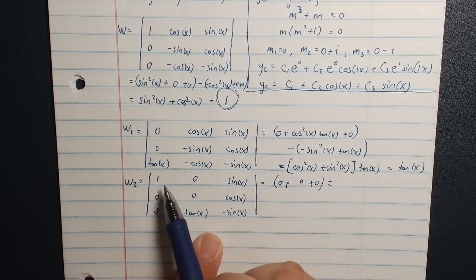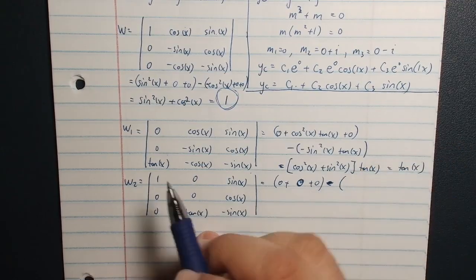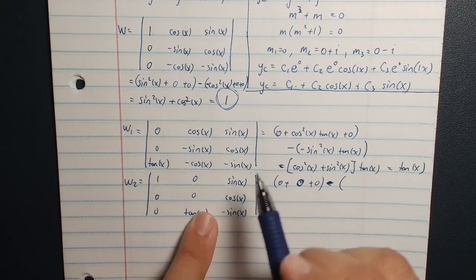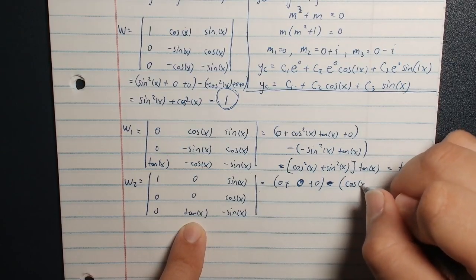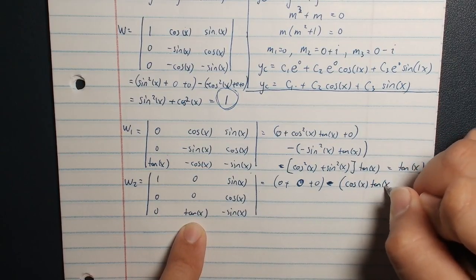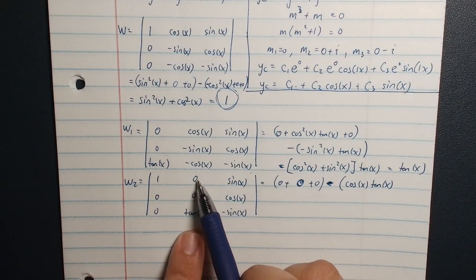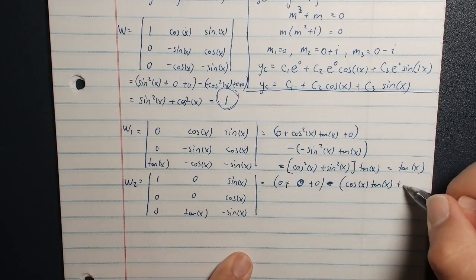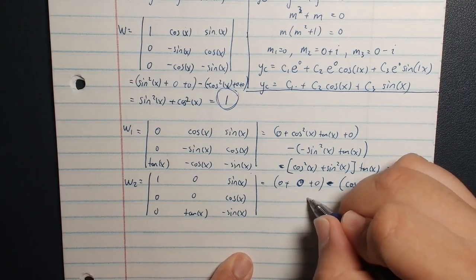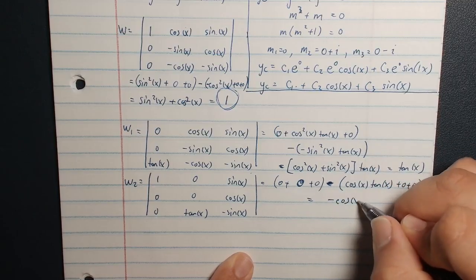Is this going to be all 0? Minus 0, 0, 0 minus, no, that one's not 0. So I've got cosine x tangent x. Cosine x tangent x. And then 0, and then 0. So here my W2 is going to be negative cosine x tangent x.